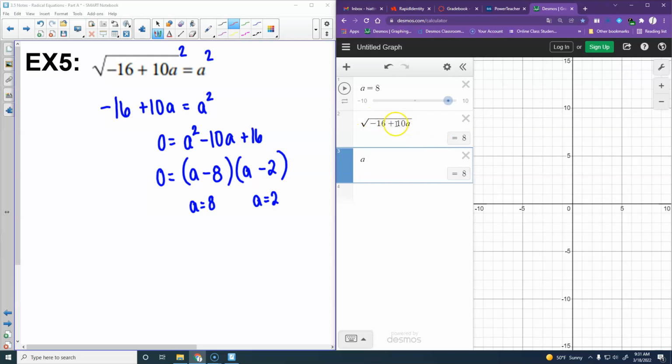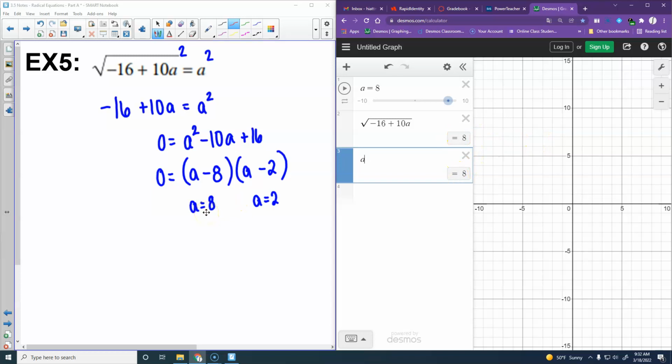Negative 16 plus 10 times 8, which is 80. 80 minus 16 would be 64. The square root of 64 is 8. And then the other side of the equation is just a, so that also equals 8. So since these are equal to each other, 8 is the correct answer.